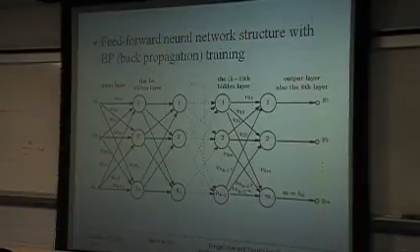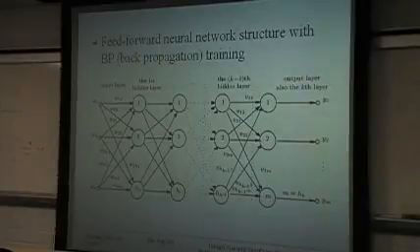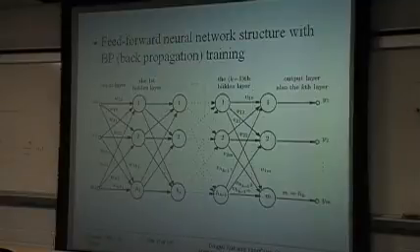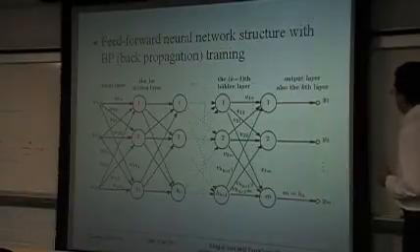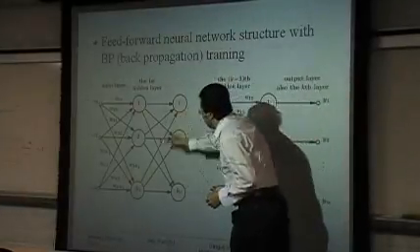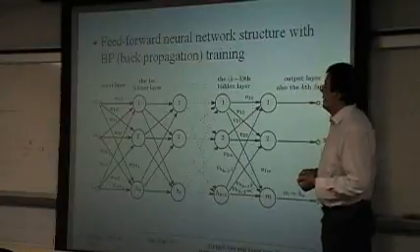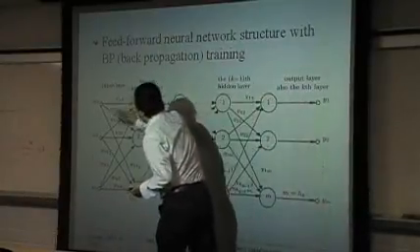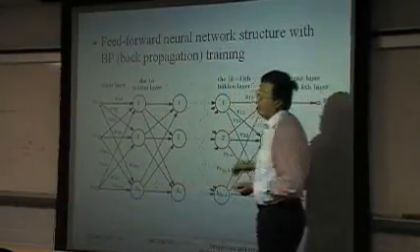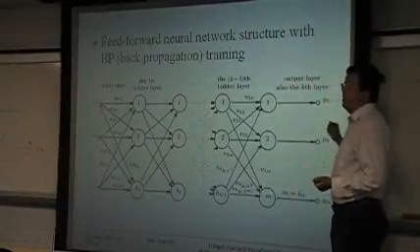Suppose we have 2n sets of samples. We can randomly select n sets of samples and use them to train the neural network, that is, to find the weightings and the transfer functions in the neural network.